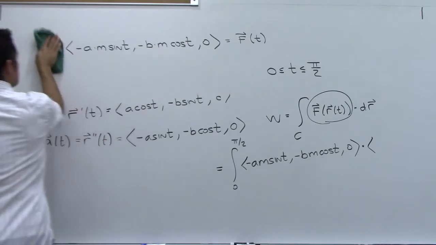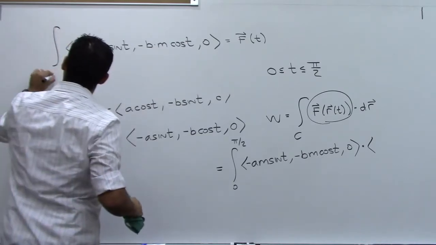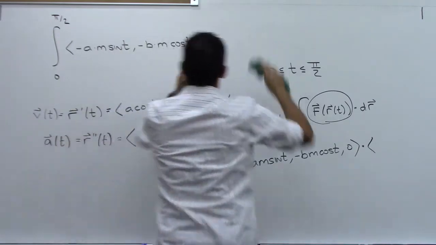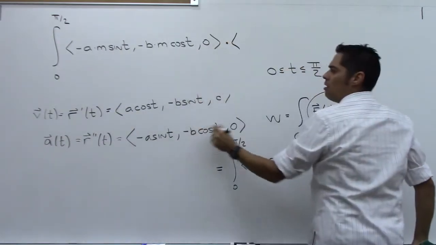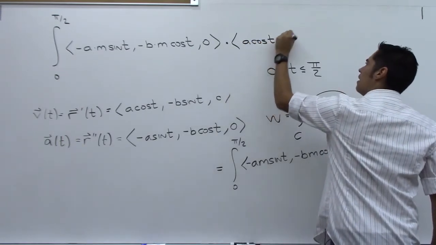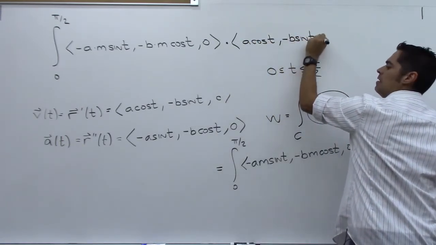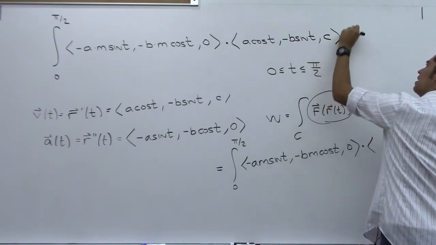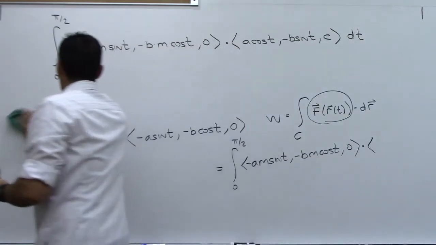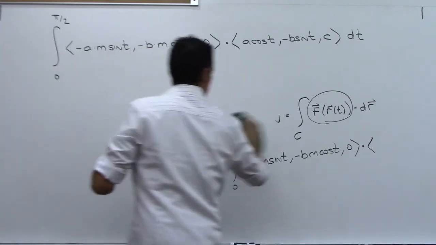My work is this from 0 to pi over 2, dotted with dr, which is a cosine t, negative b sine t, and c dt. And then go ahead and do the dot.